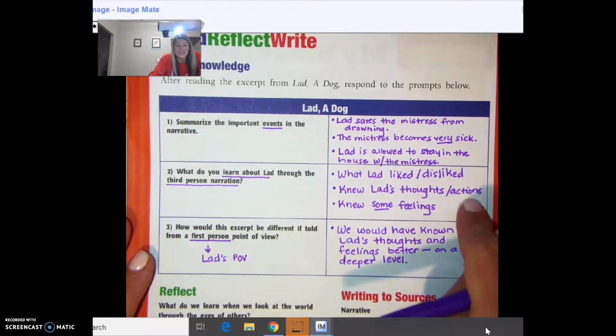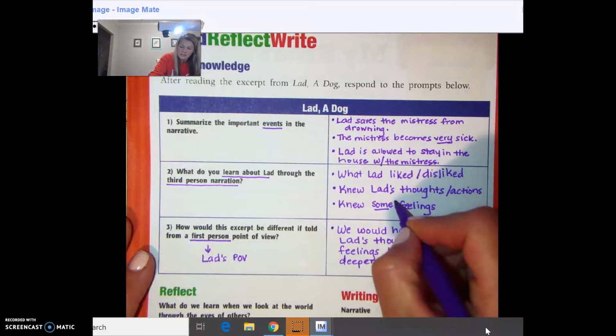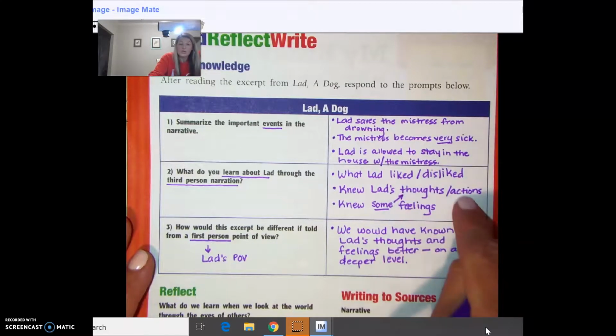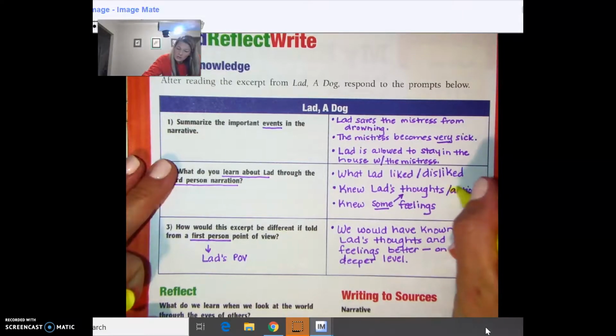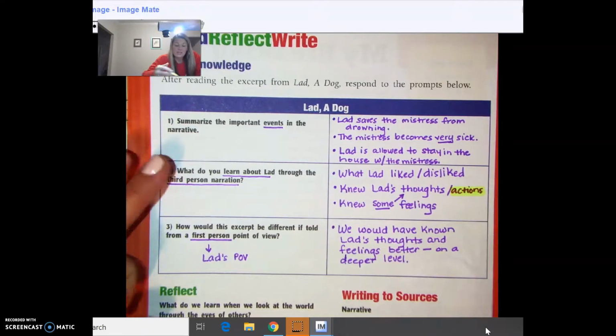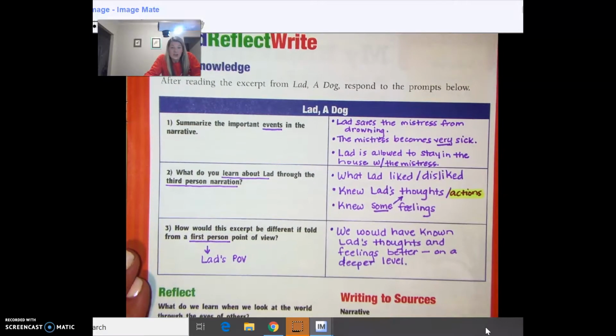We knew what he did to save her. But in that moment, we didn't know, and I'm going to put some for thoughts too. We knew his actions. We knew everything he did throughout the story. But we didn't know how he was feeling in that moment. If it had been told from Lad's point of view, we would have heard the story sound a little bit more like, I started to panic.